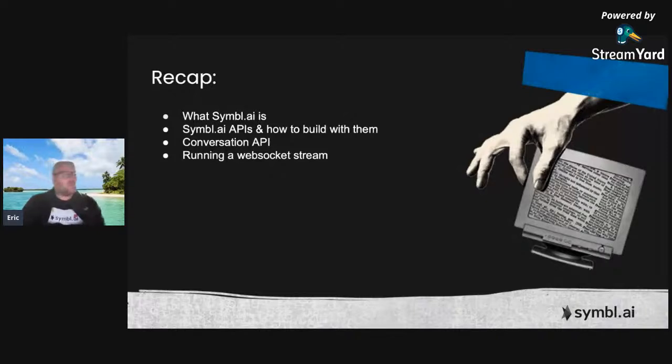In addition, Symbl.ai provides a conversation API that allows you to gain access to insights such as questions, follow-ups, or, I forgot the third one, action items. And we showed you how to run a WebSocket stream.